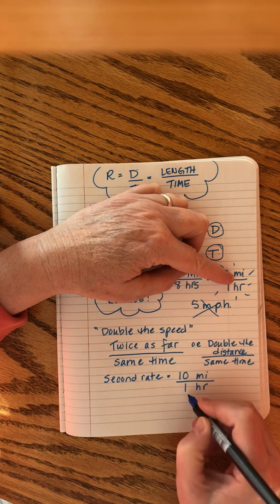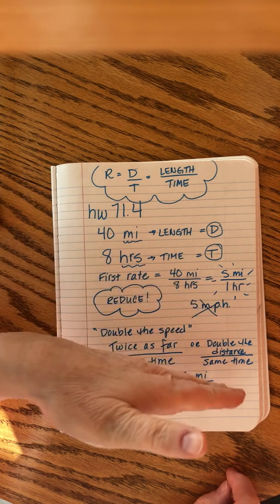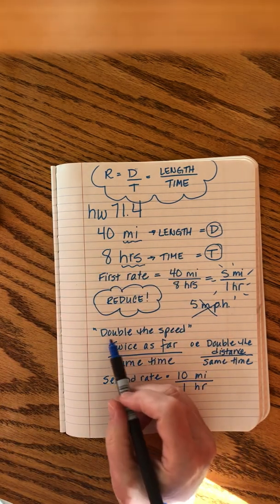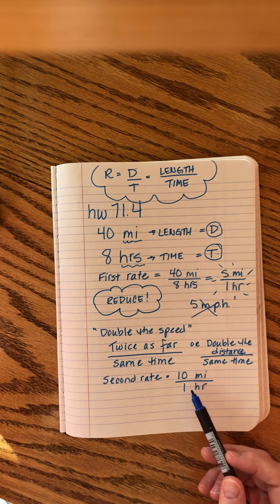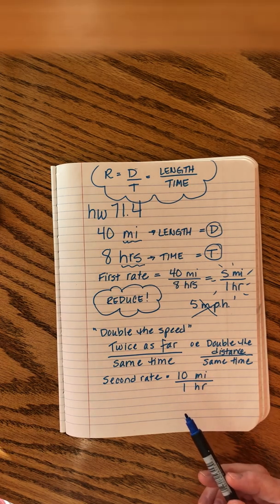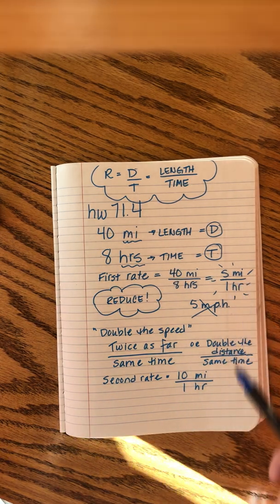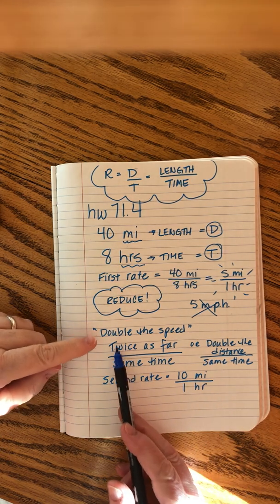Same time, 1 hour. Okay, so that's how I go from the first rate to the second rate. Sometimes they might say triple the speed. Okay, so then we would multiply it by 3. Or sometimes John might say she increased her speed by 2 miles per hour. Okay, so in that case we add, all right? We go from 5 to 7. So we have to listen to how that speed changed.